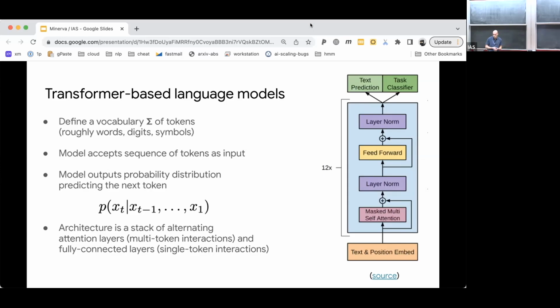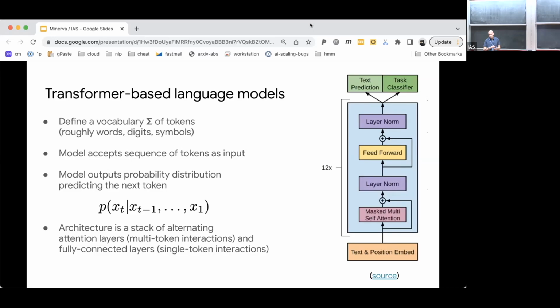Formally, what we're asking it to do is give us the conditional probability of the next token x_t conditioned on all the previous tokens that came before it. This is the function that the model calculates. To achieve this, the architecture we're going to use is called the transformer architecture. It's an ordinary deep network in the sense that we have a series of layers that get composed to compute this function.